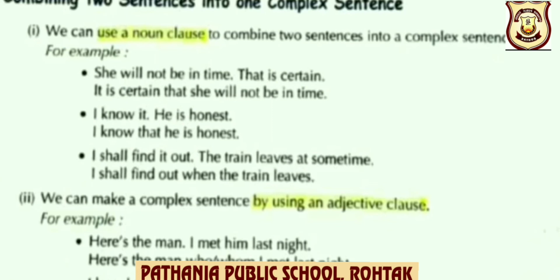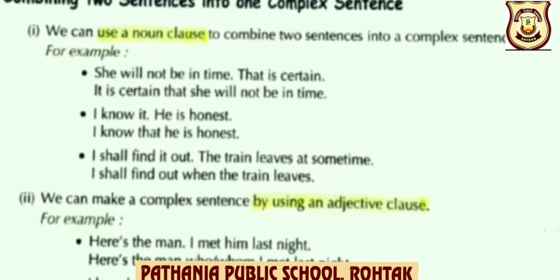We can use a noun clause to combine two sentences into a complex sentence. For example, she will not be in time, that is certain. So children, as we know that a noun clause answers the question what, in a similar way we have to cross check whether the sentence we have framed is a noun clause or not.